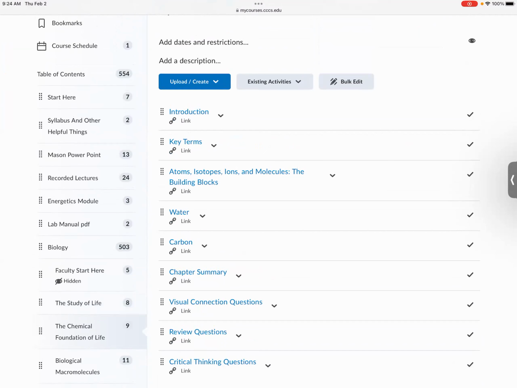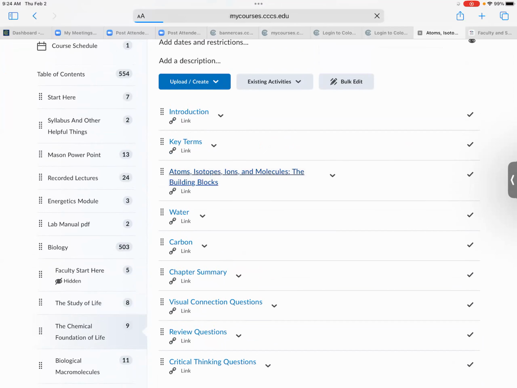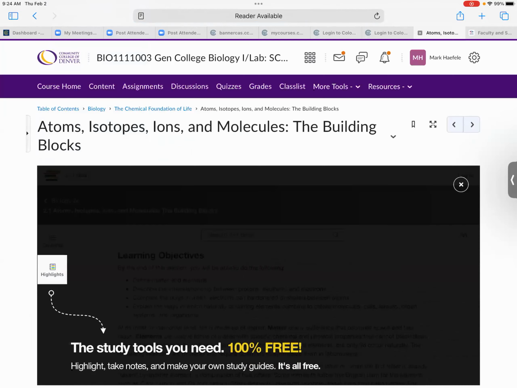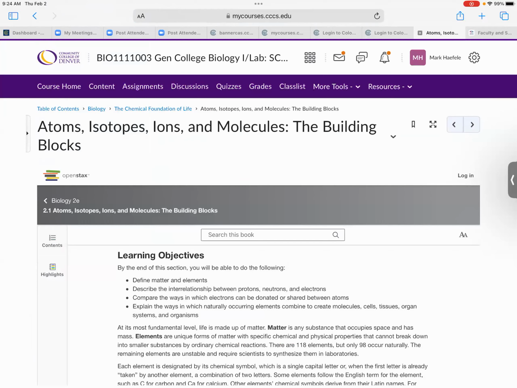this is basically a link to OpenStax, and it takes you to the book material. They've got it divvied up by topic. With OpenStax, when they take you into their system, they might have you create an account to log in there, but it's all open.